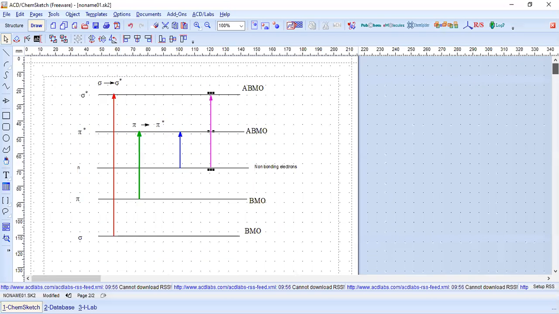These are the electronic transitions possible. This is the n to pi star transition.